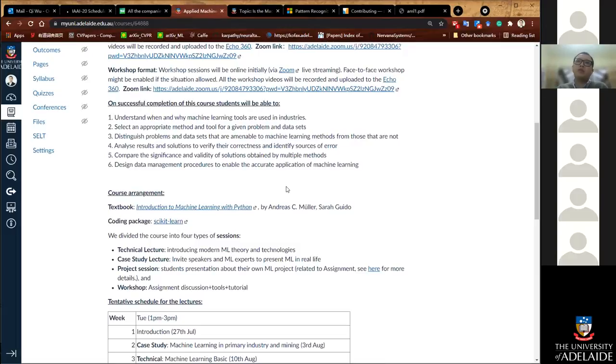We want you to find these problems, and we don't want you to implement a very new or novel algorithm that has never appeared in a paper. If you can find the data and the problem, you can simply use an existing algorithm. For example, you can simply use SVM to do the classification, right? If your problem is an image classification problem, you can simply use some existing deep learning models.